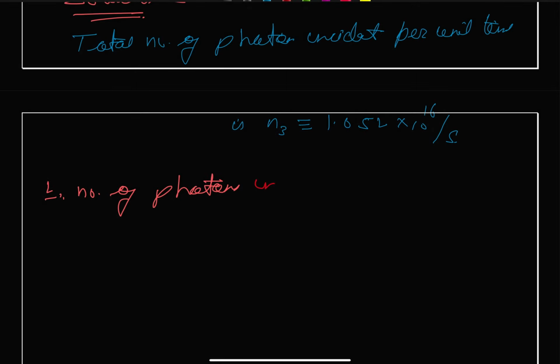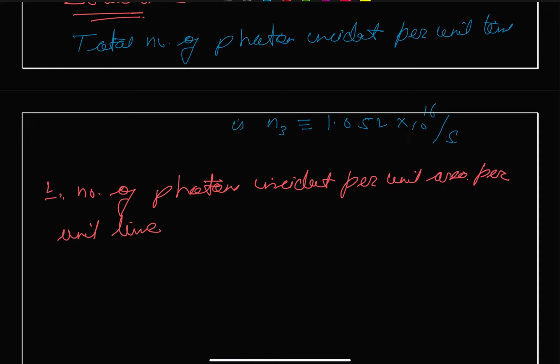I think I've written it in reverse. It should be per unit area per unit time. And efficiency is given to us as 80%.